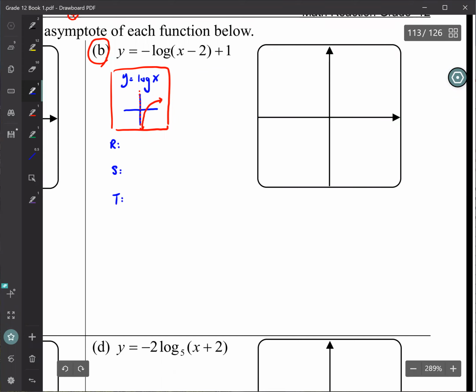If you need, you can turn it into story form. Or if you are able to tell RST without changing the story form, that's okay too. So please write out the story, RST: reflection, stretching, shrinking, translation. After you fill those out, can you please raise your hand?